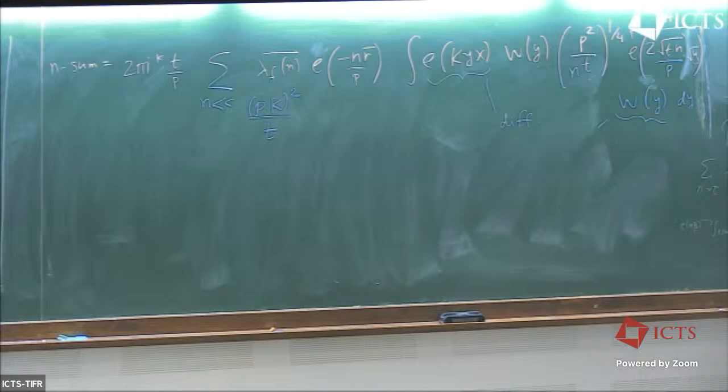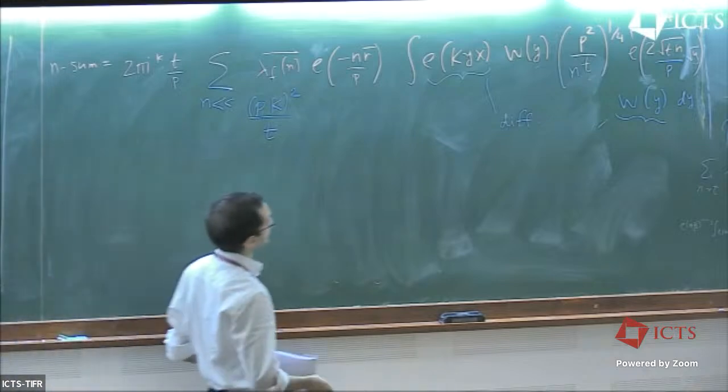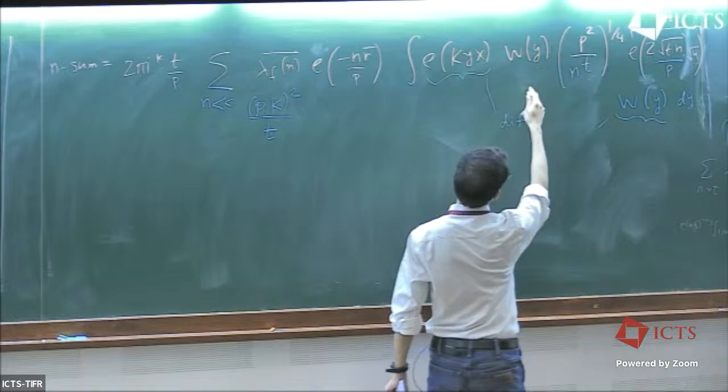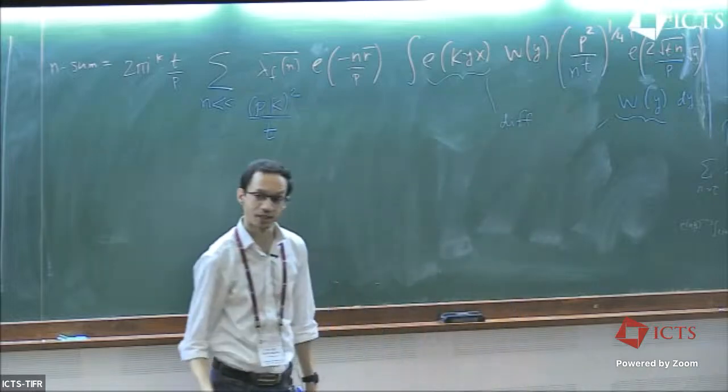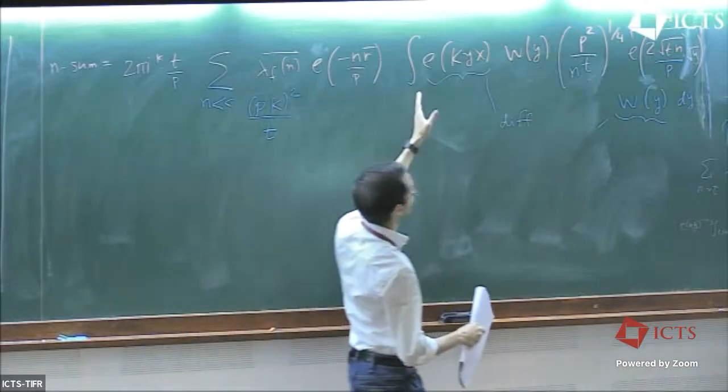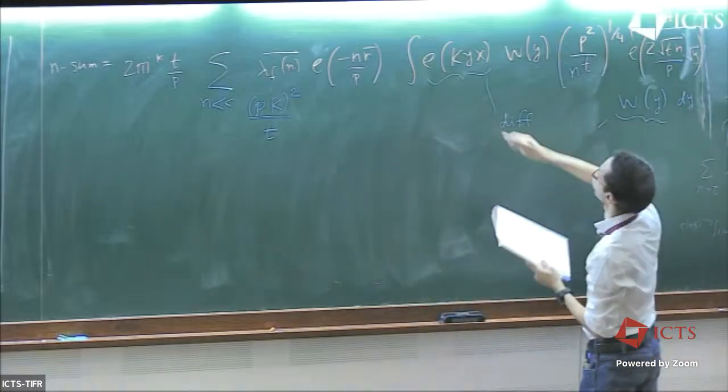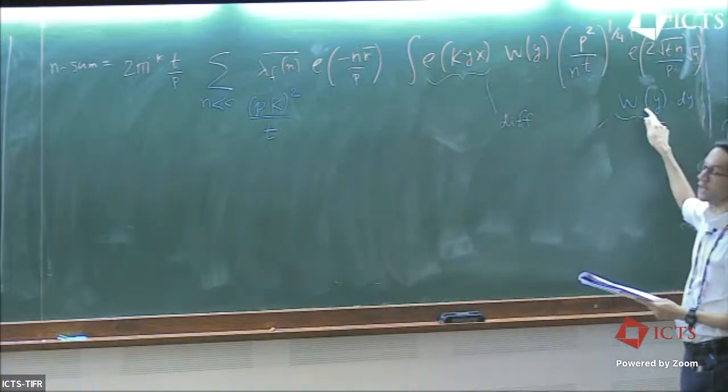Okay. And the second thing that you have to do is a stationary phase analysis of that integral. In order to do the stationary phase analysis of this integral, again, you need to do the same thing. You want to look at the function of oscillation. So this oscillates, and this oscillates, and this is the weight function.